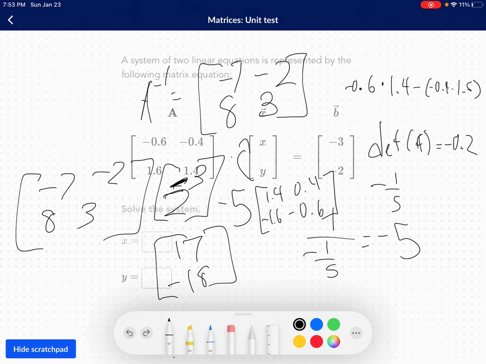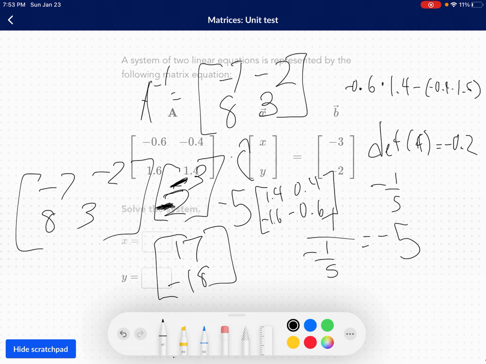Find negative 5. Swap that. Negate both. Okay, negative 7, 8, negative 2, 3. Okay, that's correct. And negative 3. Oh, yeah. This is why you always check your work.